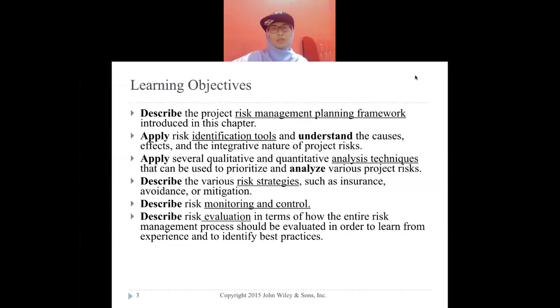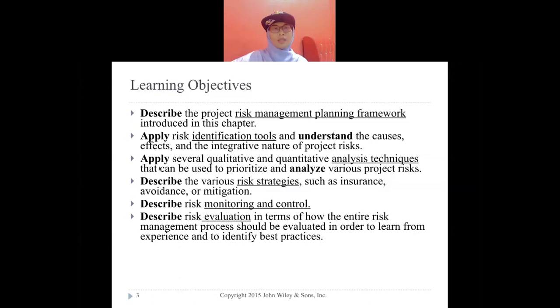So at the end of this chapter, okay, you should be able to describe the project risk management planning framework, which consists of these 6 elements that will be explained in this topic, and then apply the identification tools and understand the cause effect and the integrative nature of project risk.